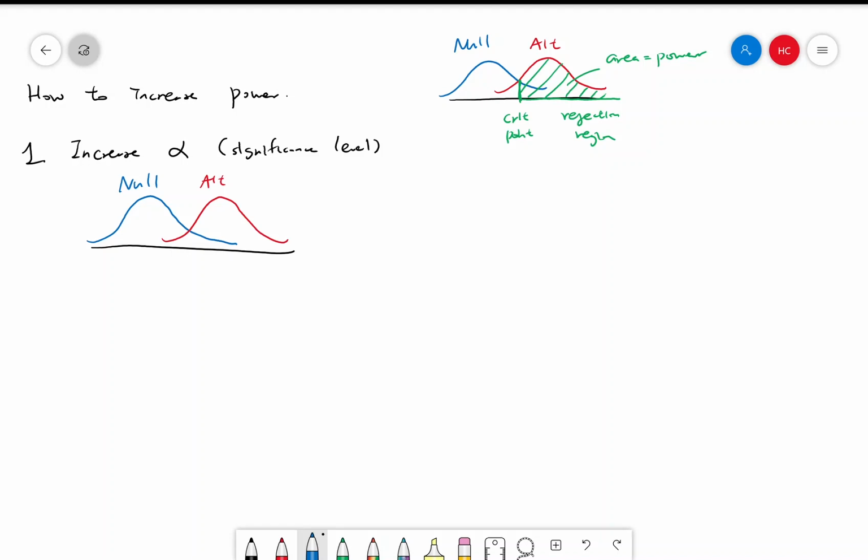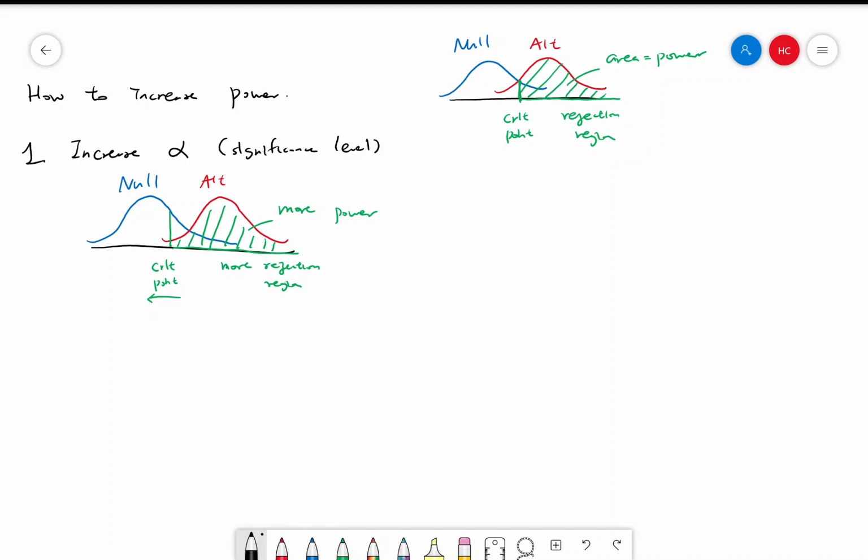But if we increase the value of alpha, then the critical point moves to the left, because alpha increases. So if the critical point moves to the left, then the rejection region is larger, and therefore the power is larger.